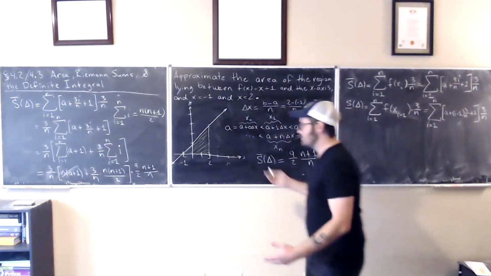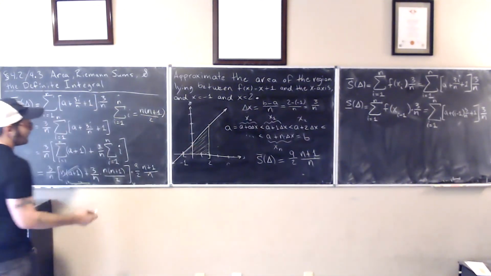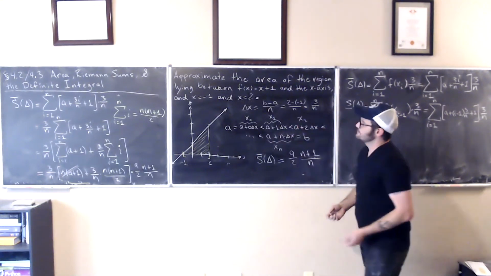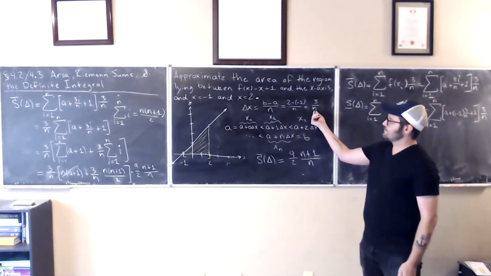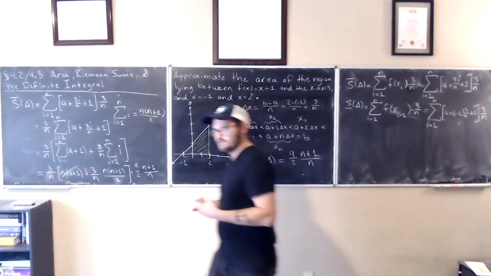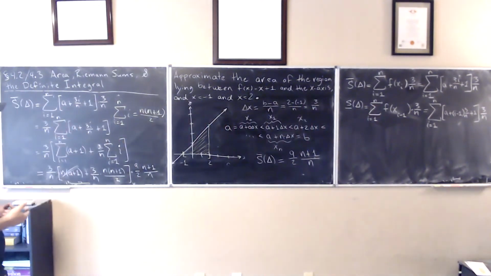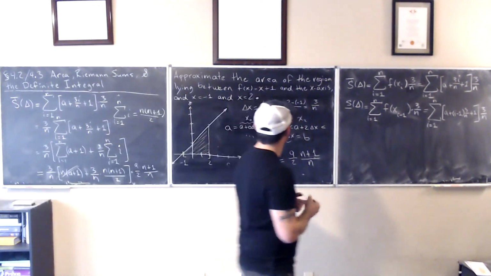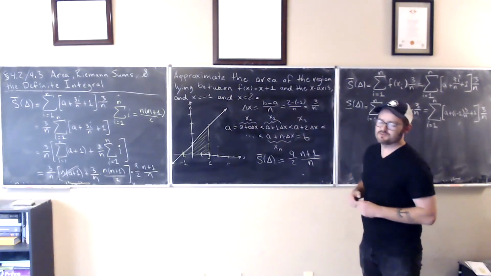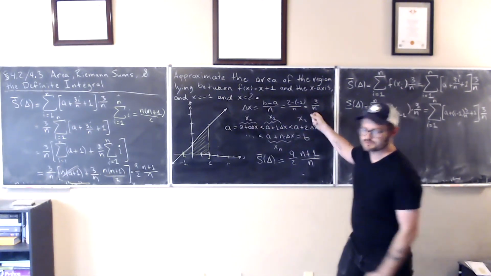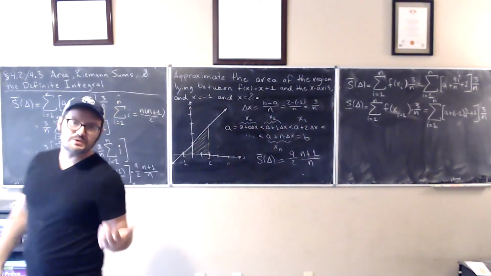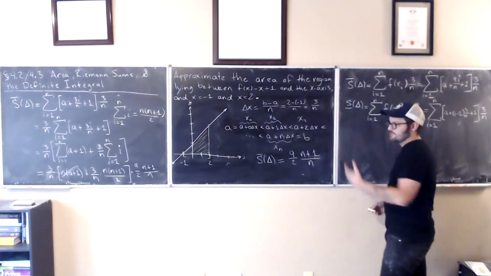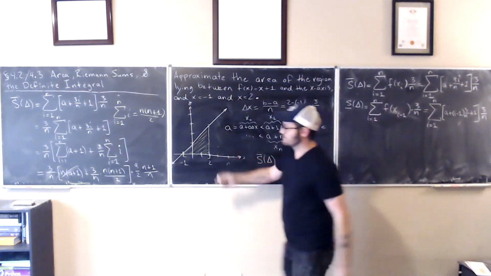But what do we know about n? n isn't the length of each interval, n determines the length of each interval. If n is really, really big, then the width of each interval is going to be really, really small.